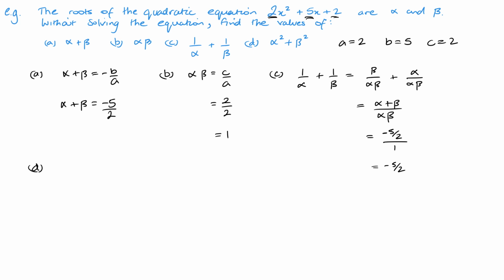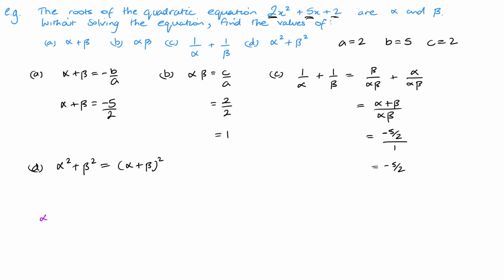And then the final part is d. d is alpha squared plus beta squared. So for this one, we want to think about it a little bit differently. So if I think of alpha plus beta all squared there, and I'm just going to pop this in purple.